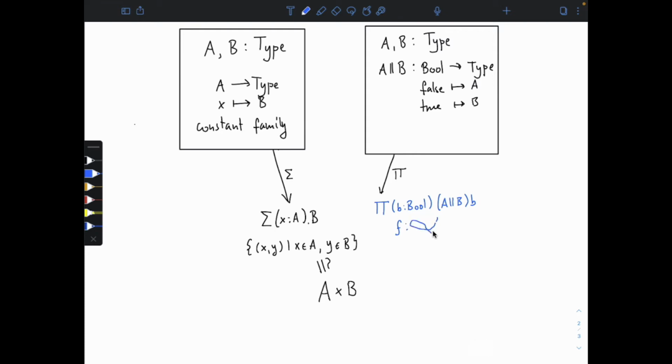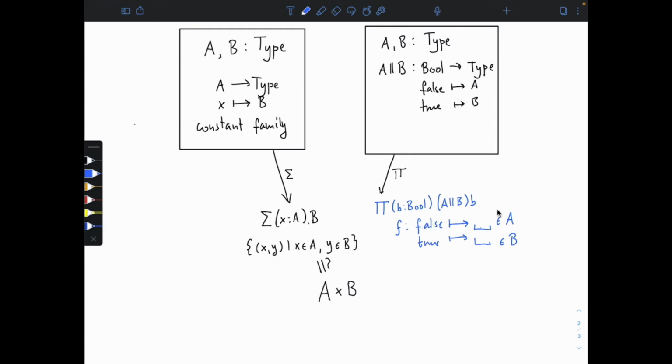which maps from Boole to the dependent type, and it's going to take false to some element which has to be in, so this thing, when I apply it to false, I get A. So false has to go to some element which is in A, and true has to go to some element which is in B. So it's a function from a two-element set, false and true.